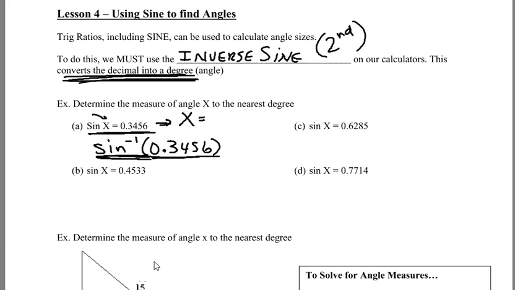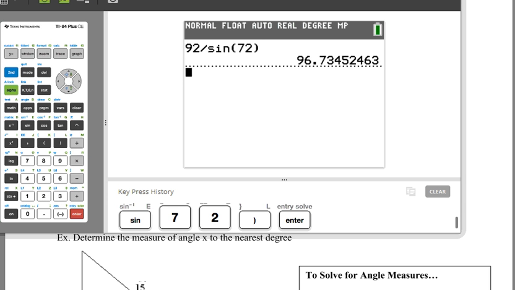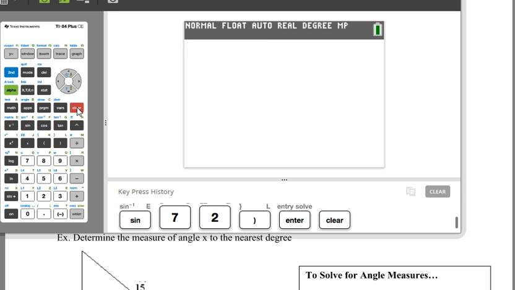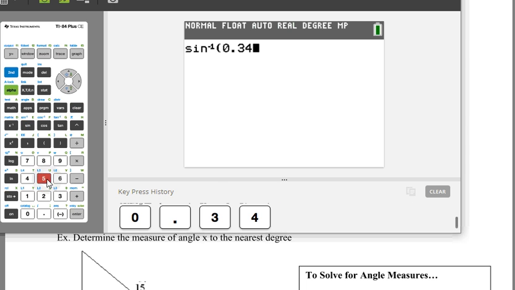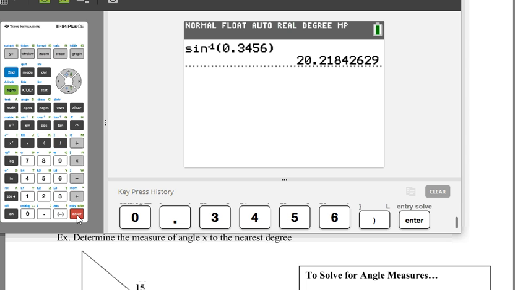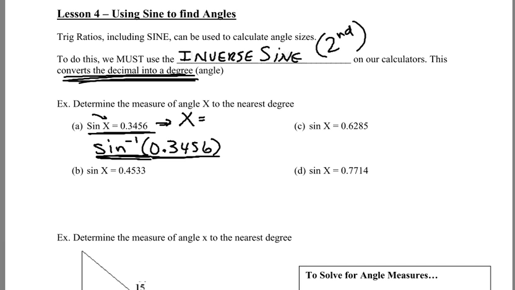So let's pull up my calculator, clear what's there. We want an angle. An angle is second function sine, 0.3456 in this case. Close your bracket, hit enter, and what do we get? 20.2, or a 20-degree angle.